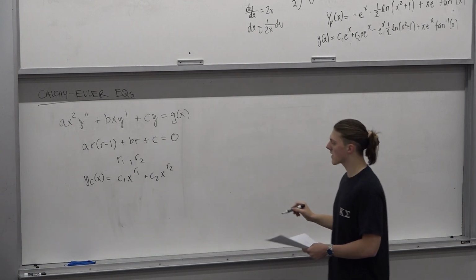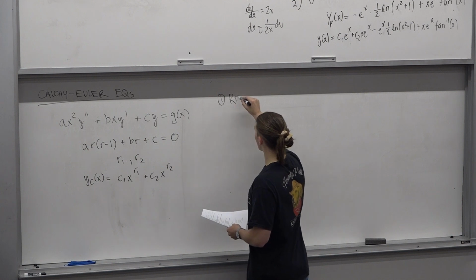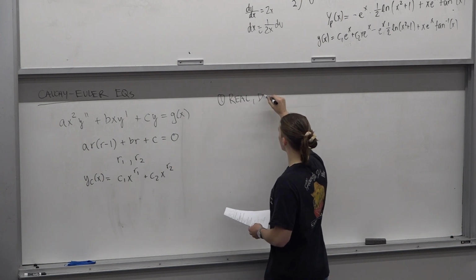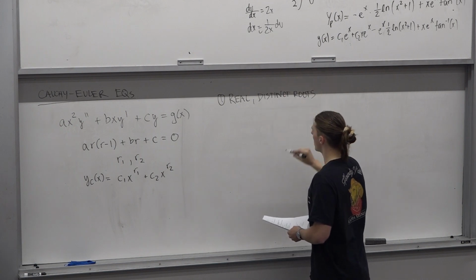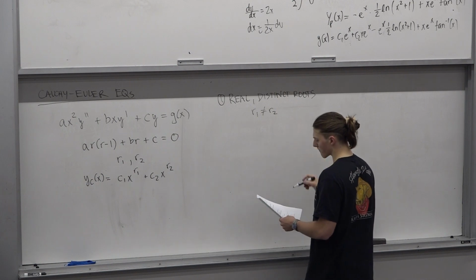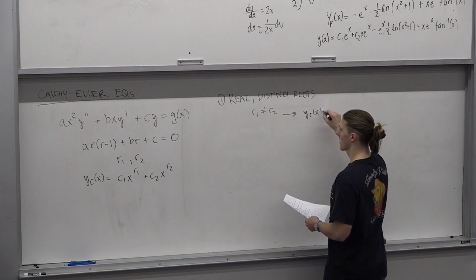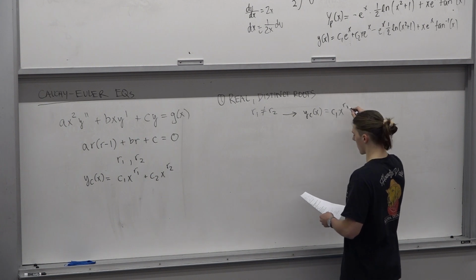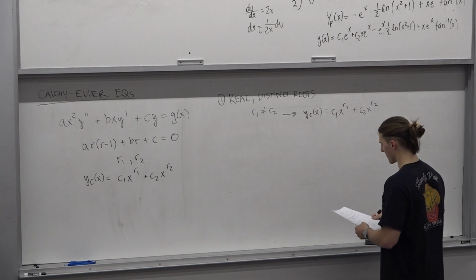But just like last time, we have three cases. First, real, distinct roots. We have an R1 that does not equal R2. So this is the same form I just wrote down: C1 x to the R1 plus C2 x to the R2.